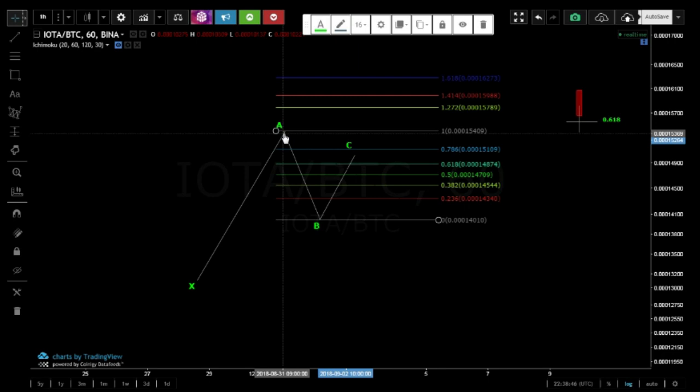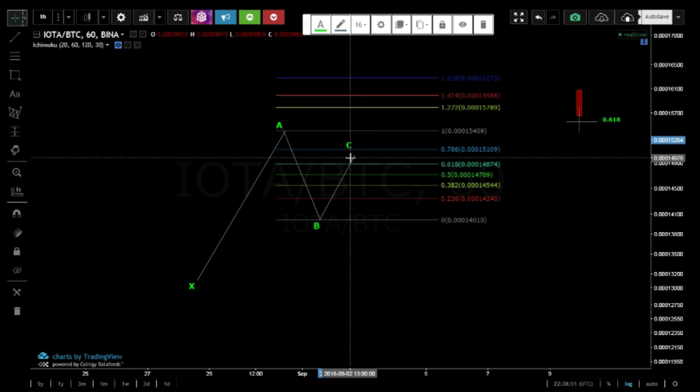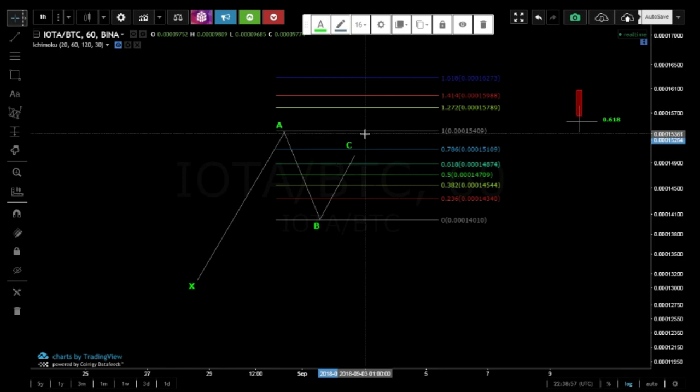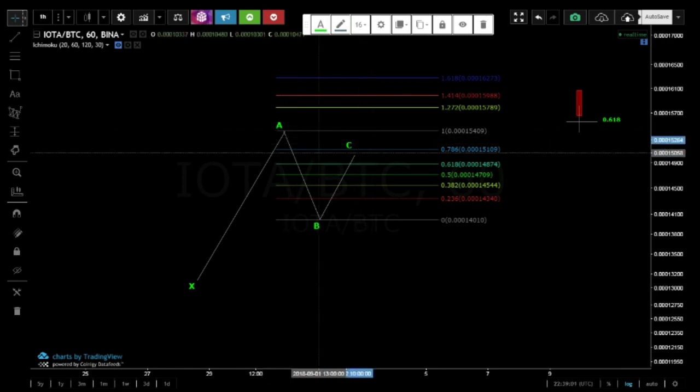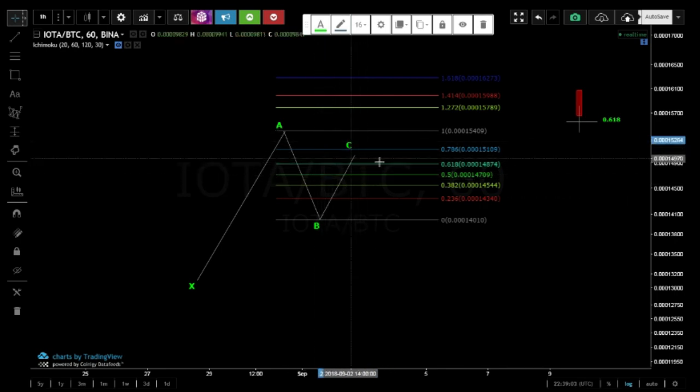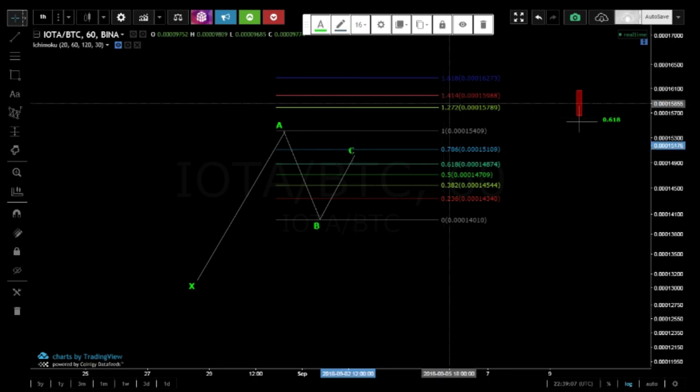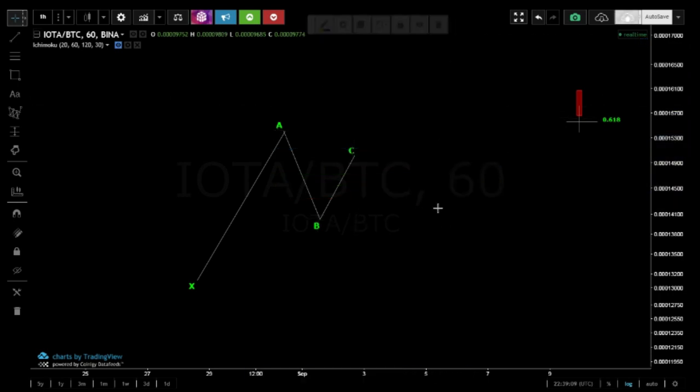The left top must be higher than the right top. If eventually this price moves up to get to the same level as the A leg, then that is not a Gartley pattern.